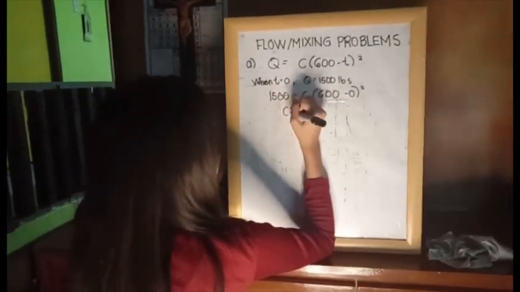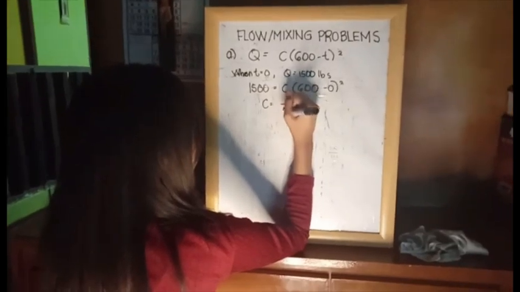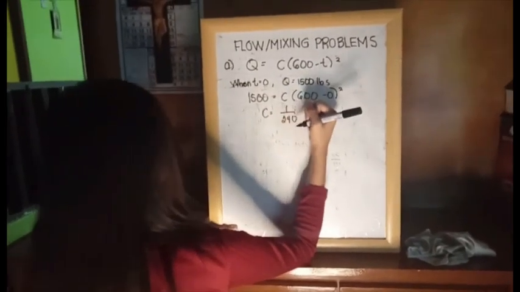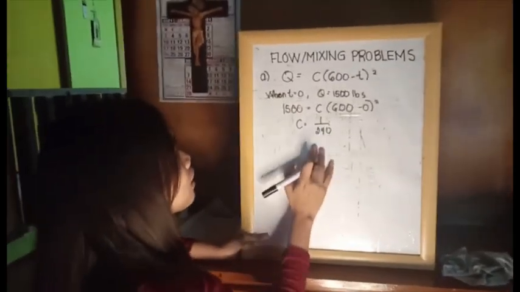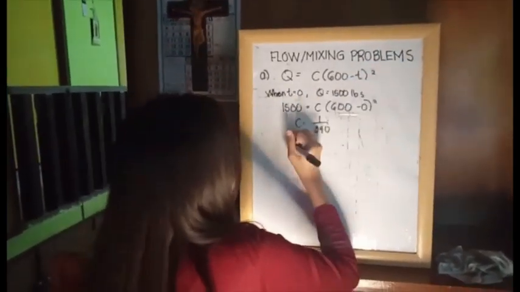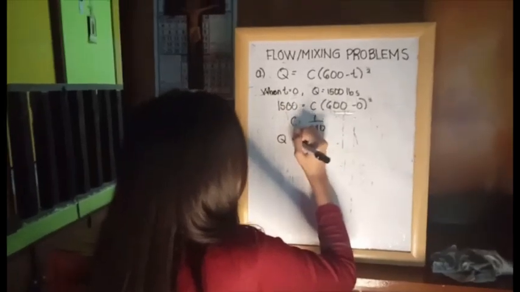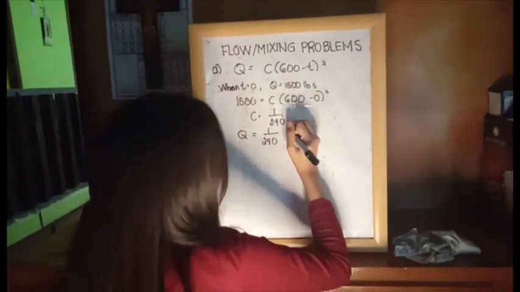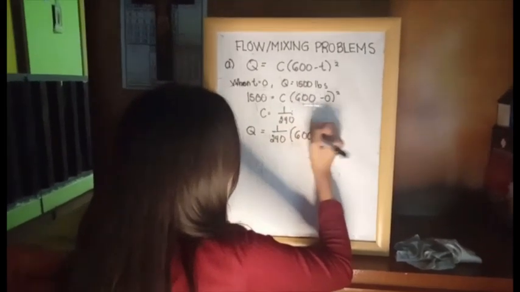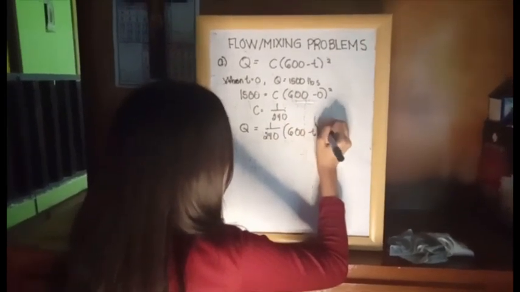We can get the value of C as 1 over 240. Now that we have the value of C, we can substitute it into this equation. So Q is equal to 1 over 240 times (600 minus t) squared.